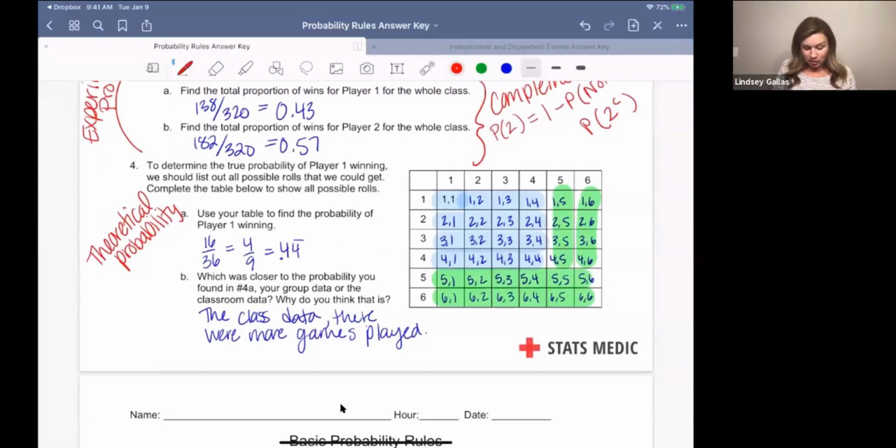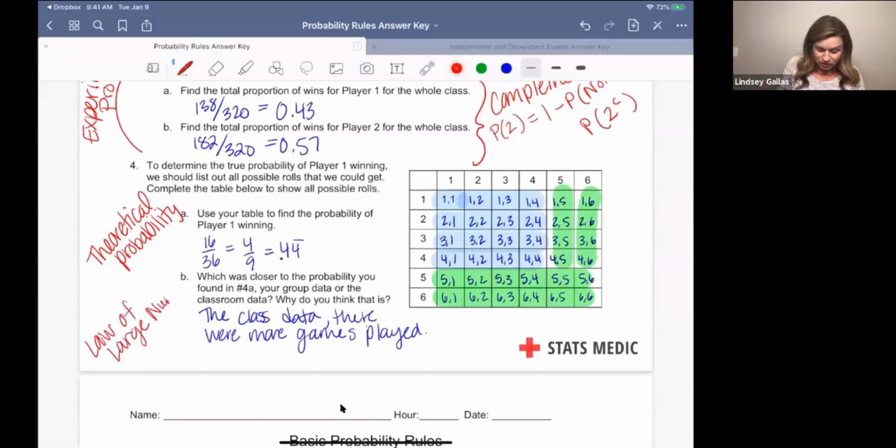And then in part B, which was closer to the probability that we just found, that 44%? Was your group data closer, or was the class data closer? Probably the class data. And that is, again, because of the law of large numbers. We talked about that the other day.